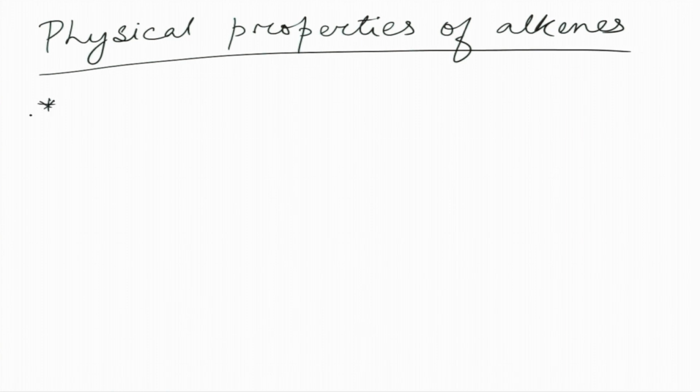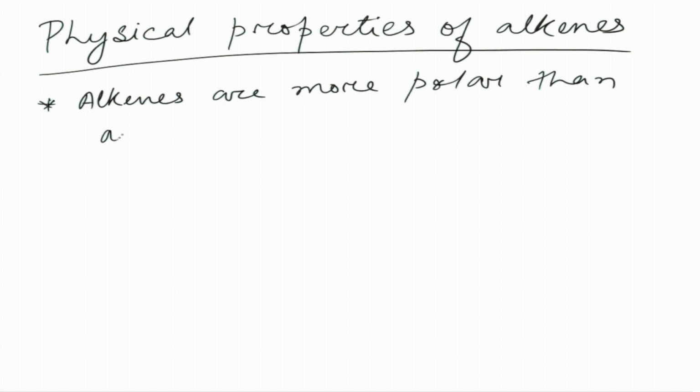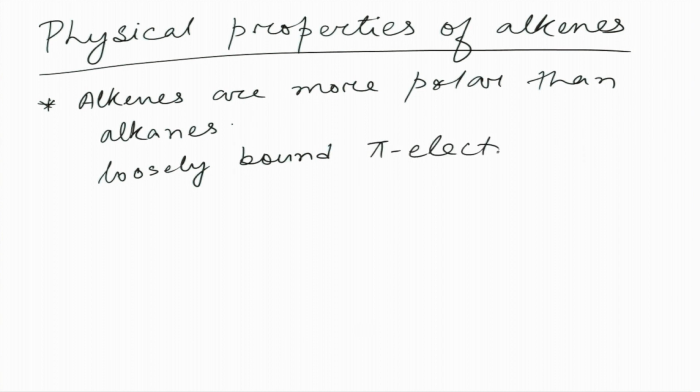So, the first property is that alkenes are more polar than alkanes. Okay. So, alkenes have quite similar physical properties to alkanes except polarity and isomerism. We have already studied isomerism. So, polarity is mostly due to the pi electrons, loosely bound pi electrons.